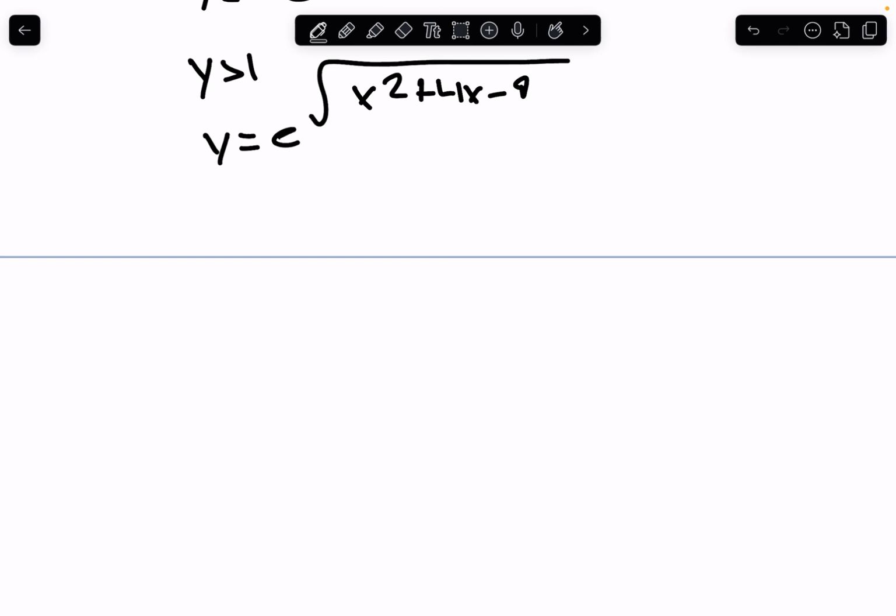Let's start with integrating by a factor. So let me just find the question for it because there aren't many questions for integrating by a factor, and I'll explain through the question.